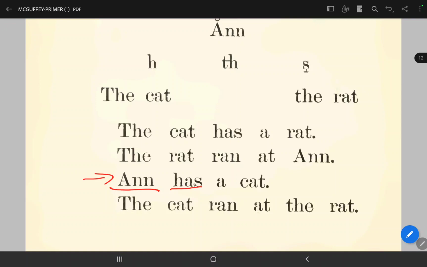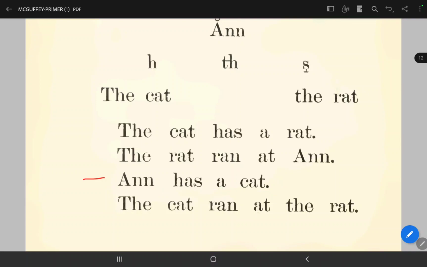Anne has a. C-A-T. The C says k, A says a, T says t. Cat. Anne has a cat. Then you have a period at the end of the sentence.